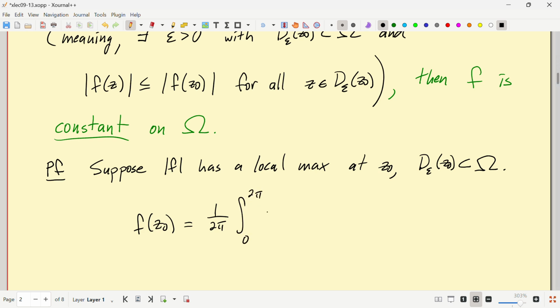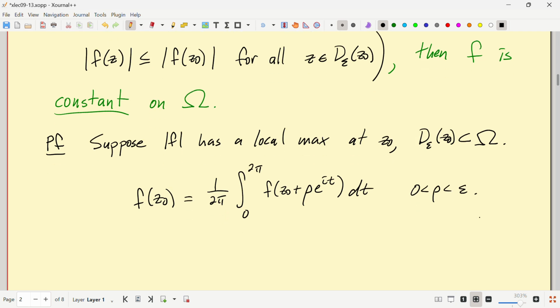And this is a good way to write the average, just as good as any way. f of z naught plus rho e to the it dt for 0 less than rho less than epsilon. Okay, now let me take the modulus of that stuff.